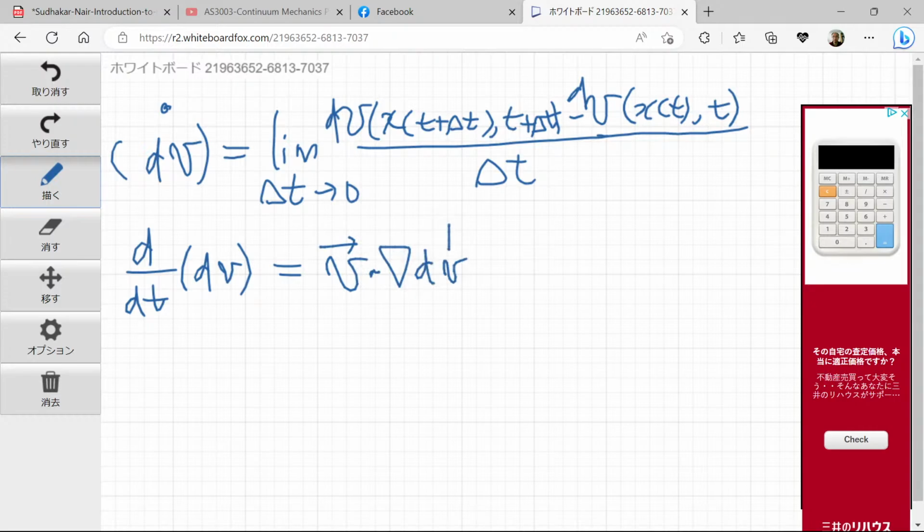This is volume, and this is velocity. Then this plus partial t dV.